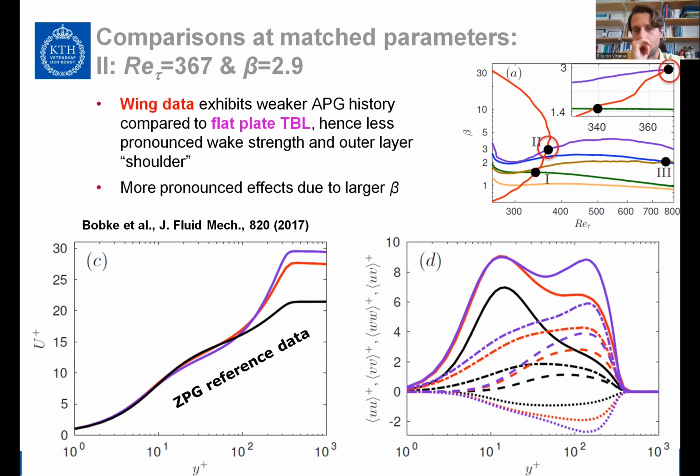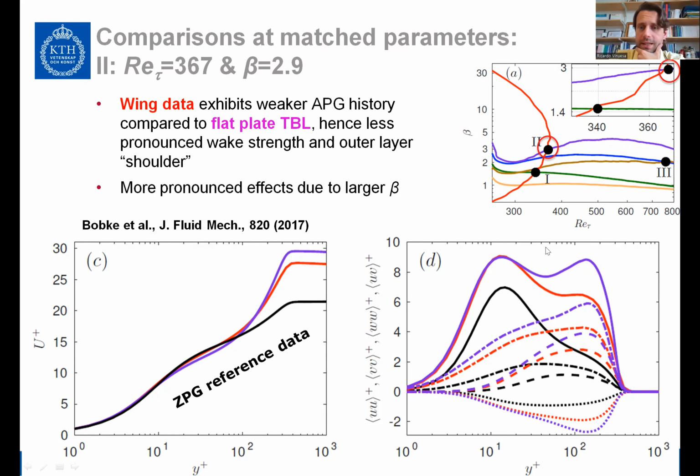If we look at the right panel, what we have is in black the zero pressure gradient case, and another important effect of APG effects is an increase of both the inner and outer peaks of the streamwise velocity fluctuations, which you can see here.